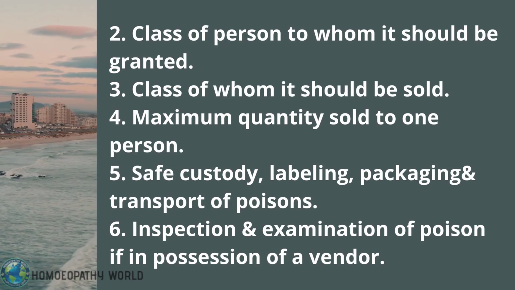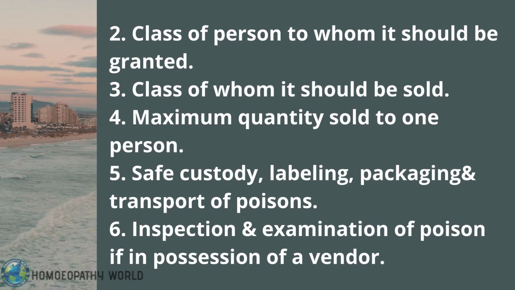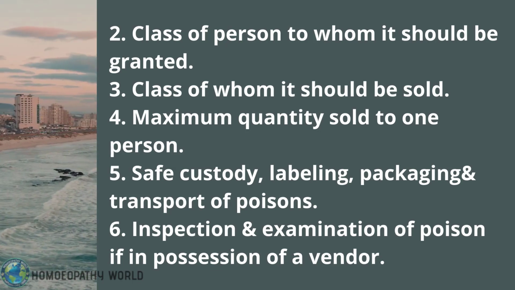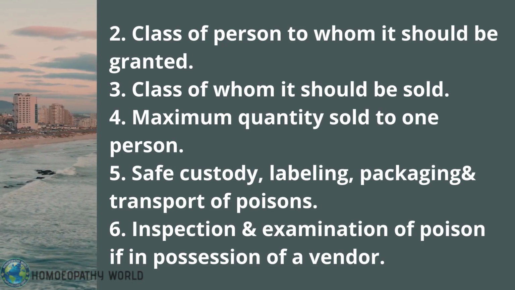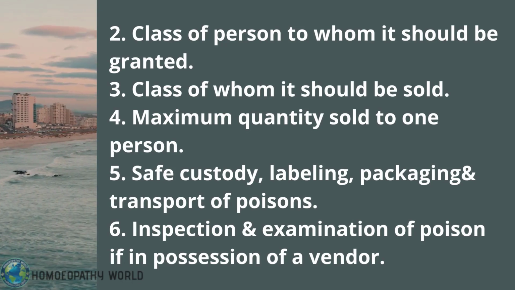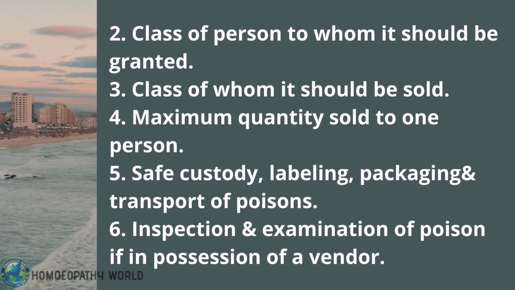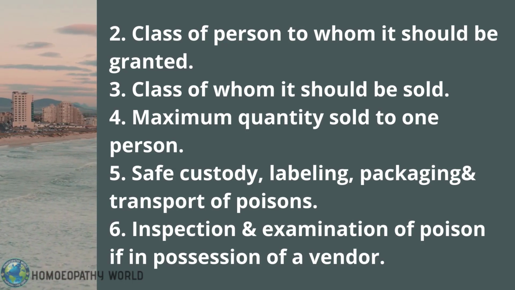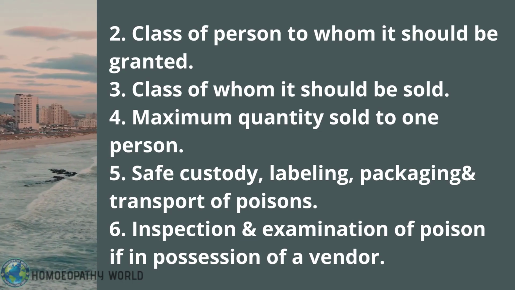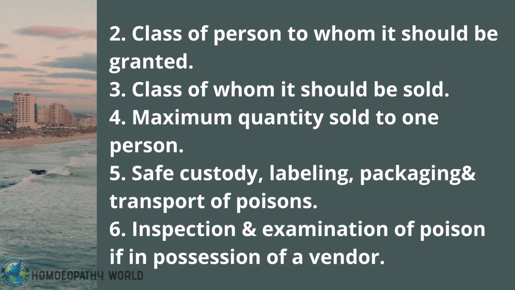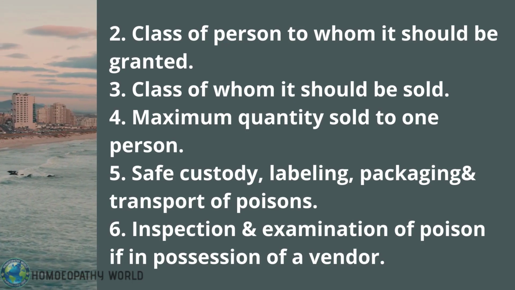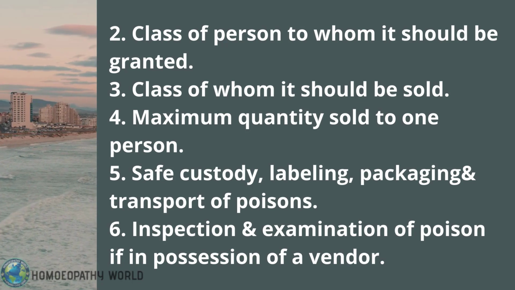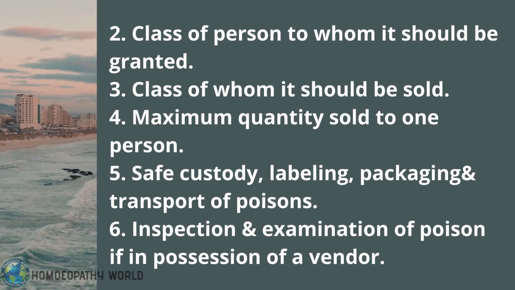Now third is the class of persons to whom it should be sold. The state government can regulate and give a protocol that this particular product should be sold to these particular people only. For example, they can regulate the sale of poison to people who are above the age of 18, or to people who do not have any severe or incurable diseases, or to people who are not buying more than a particular quantity.